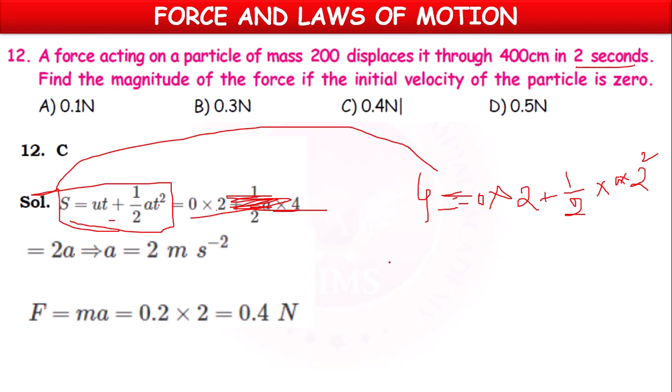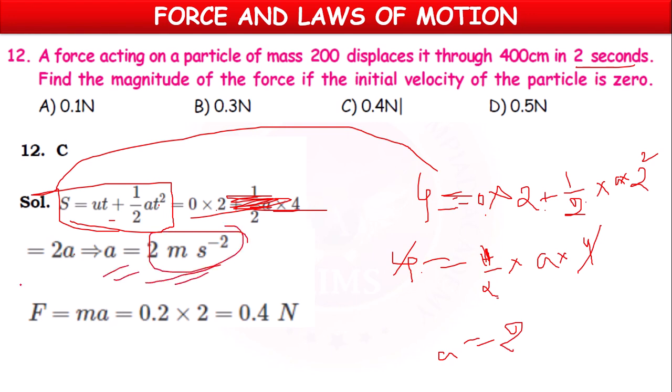Now 4 equal to 0 into 2, 0, plus half into a into 2 square is 4. 4 gets cancelled, 2 will come here. a equal to 2. So we will get a equal to 2 meter per second square.